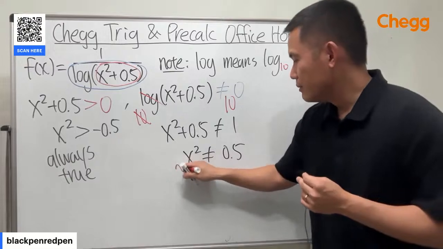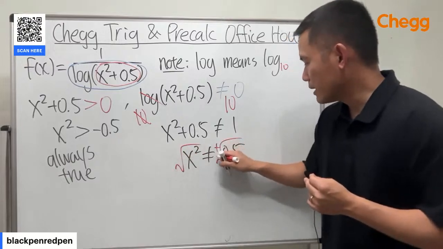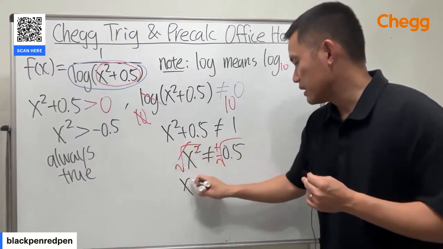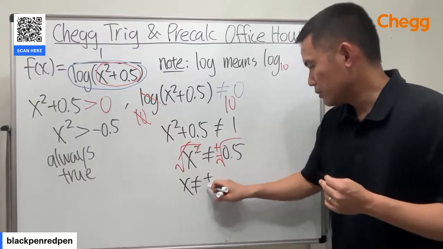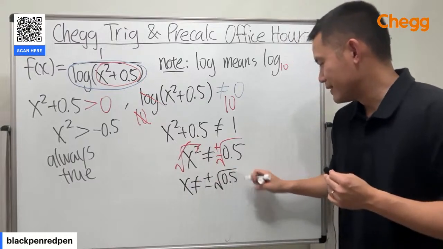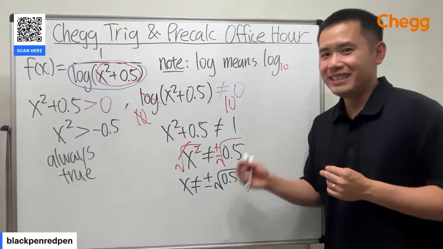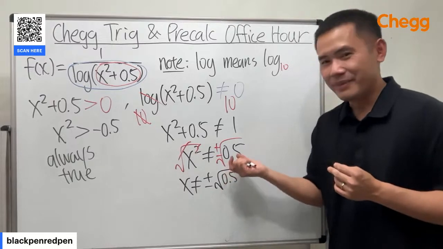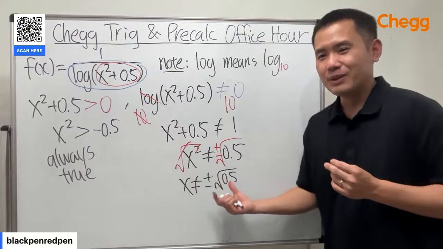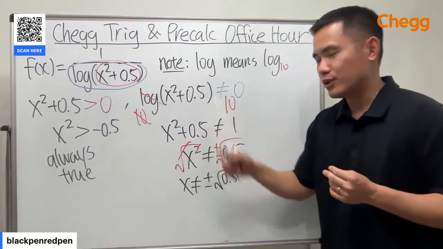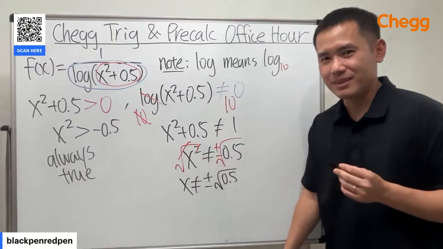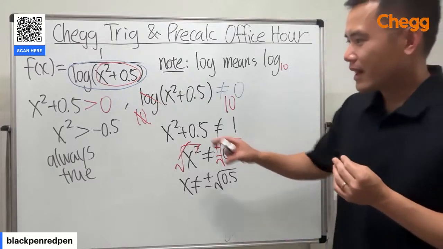Then take the square root to both sides, plus or minus. This still works. x cannot be plus or minus square root of 0.5. Allow me to just use decimal inside of a square root. Usually I would just change it to a fraction, but the question was written in decimal, so I will just keep the decimal.